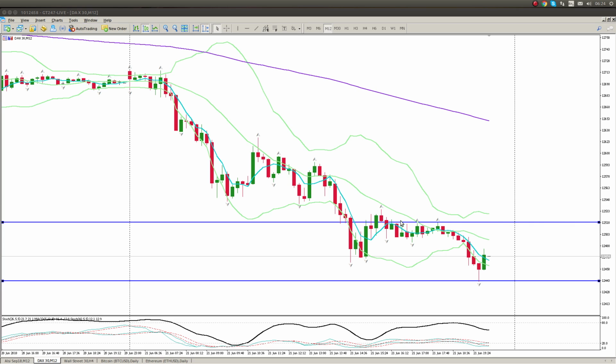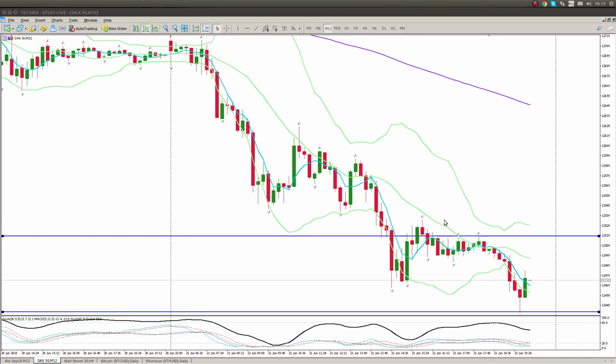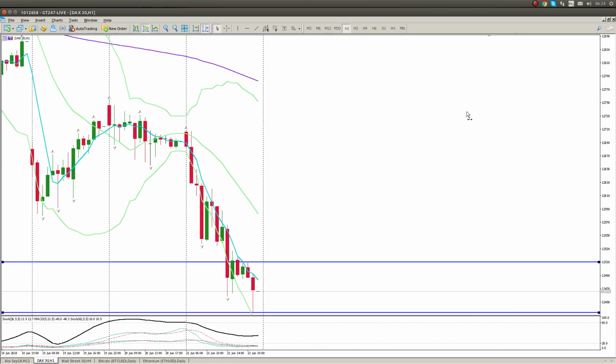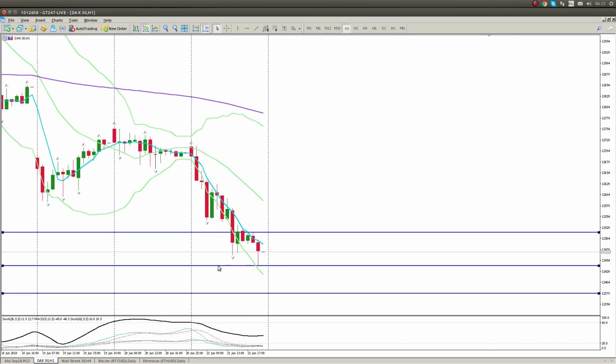So we're sitting pretty much up at this area here, which is not above that level, but it's pretty close to the bottom of that range. So for me, this is an area to look for longs, and I would say a failure would be a break below this pin bar. So stops are going to be pretty much here, and we're looking for longs here.